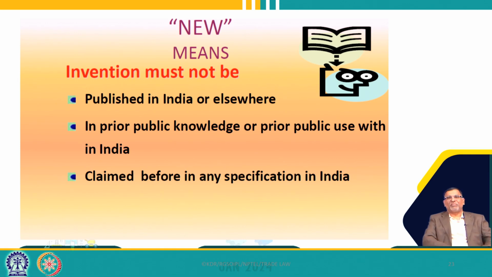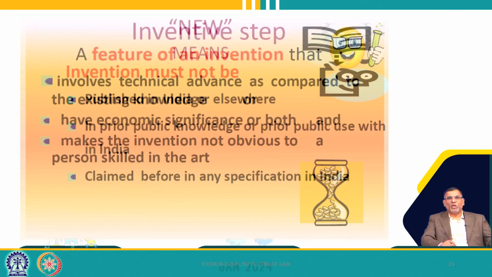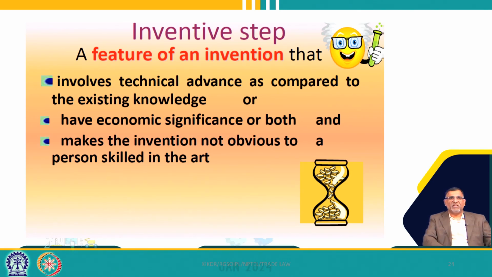So, it should not be claimed by anybody earlier. It is not known to the public, it is not published anywhere else. So, even though there is a 1 year period you can claim, the general criteria is very clear with regard to what you mean by new. So, inventive step, the criteria is also very clear, a technical advancement from the existing knowledge.